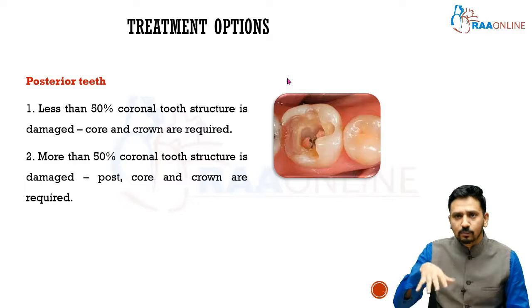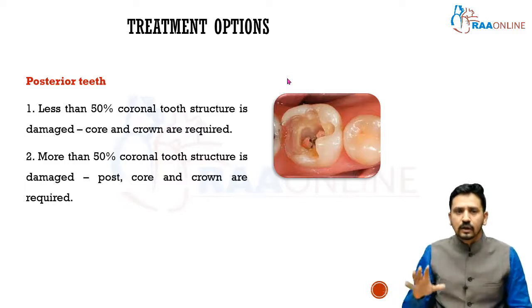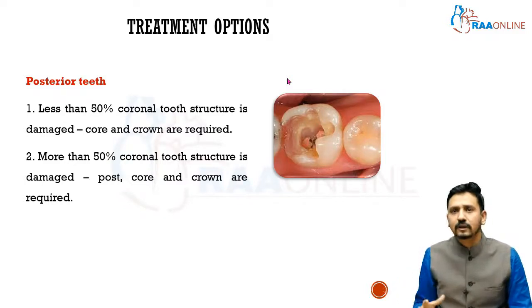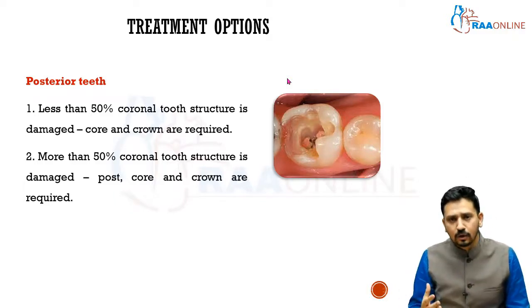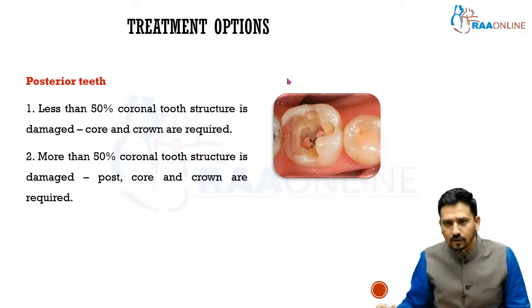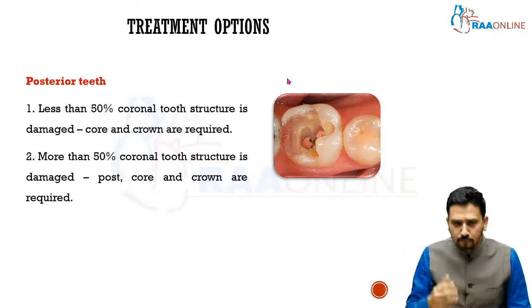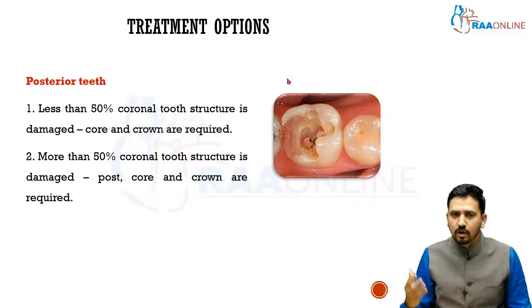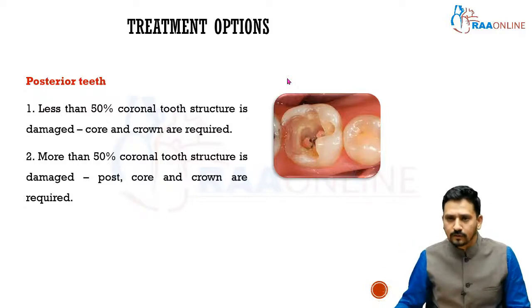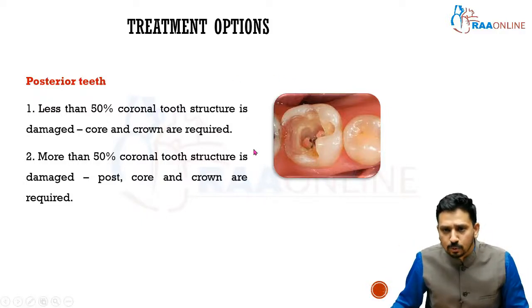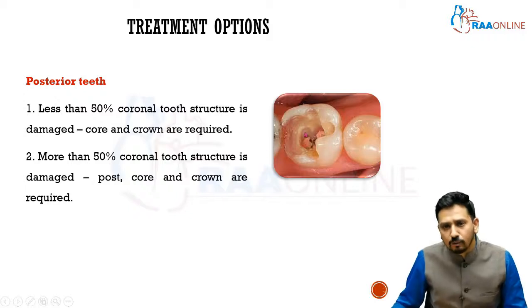And now let's see the treatment option for your posterior teeth. If there is less than 50% of coronal tooth structure that is damaged, then you can go for a core and then you give a crown. If the amount of tooth structure loss or damage is more than 50%, then you go for a post, core and a crown. This is an example of a situation where you can go for a core buildup followed by a crown.